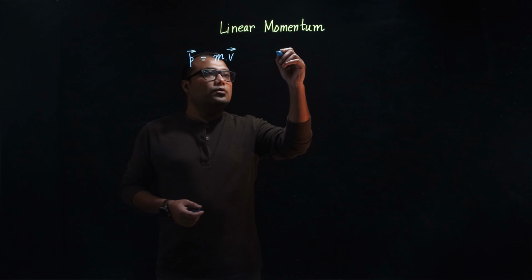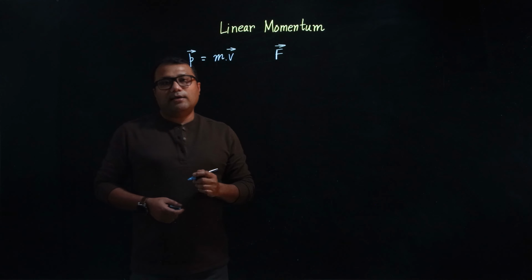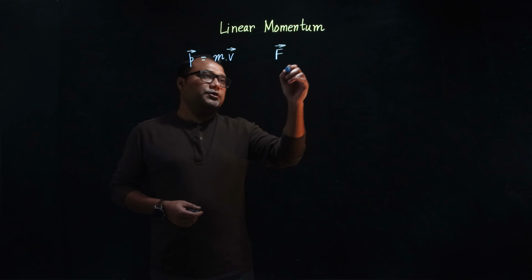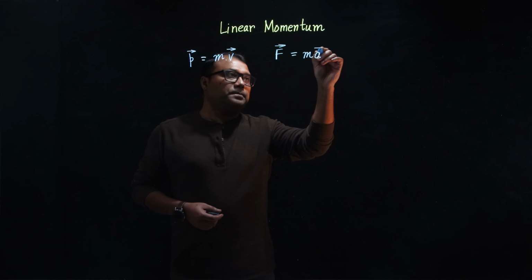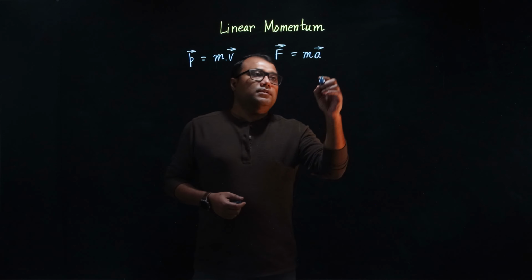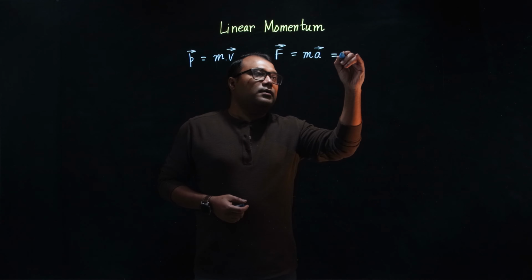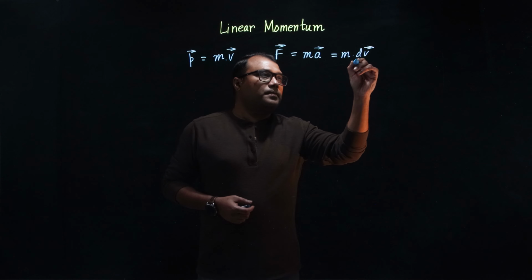Now from this, we can look at a few things. First up, we know force is defined as mass times acceleration according to Newton's second law. Now acceleration can be represented as rate of change of velocity.